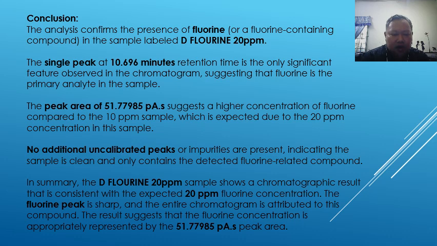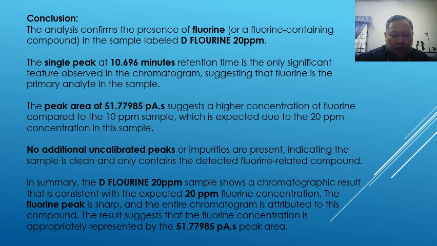No additional uncalibrated peaks or impurities are present, indicating the sample is clean and only contains the detected fluorine-related compound. In summary, the defluorine 20 ppm sample shows a chromatographic result that is consistent with the expected 20 ppm fluorine concentration.